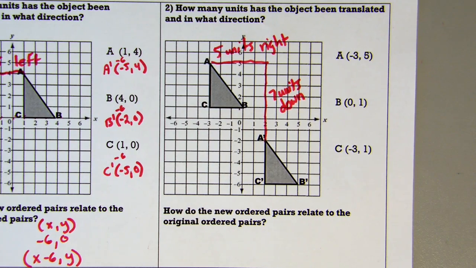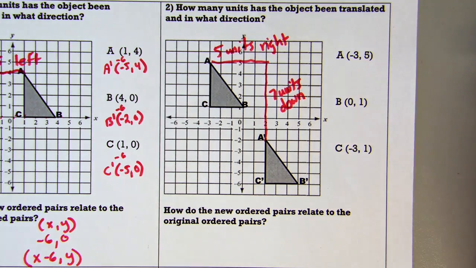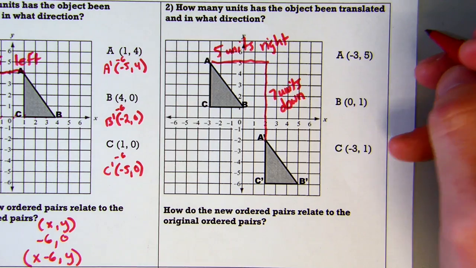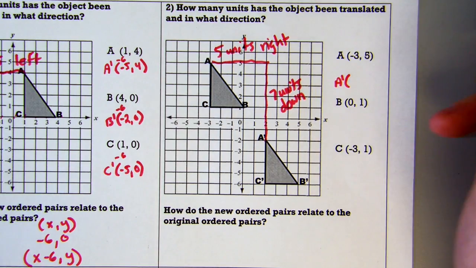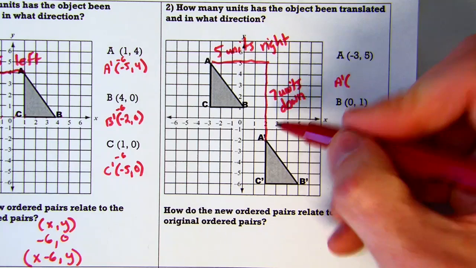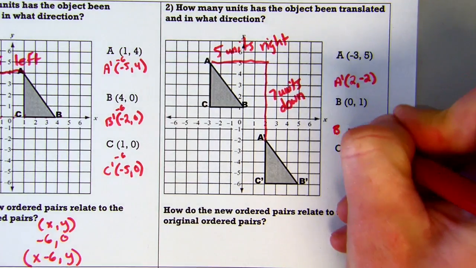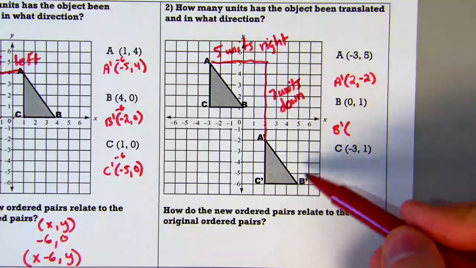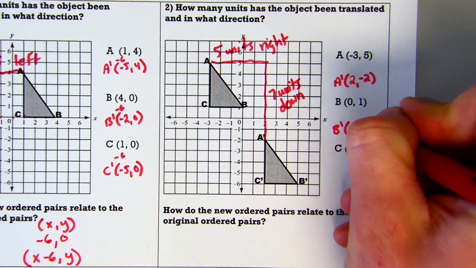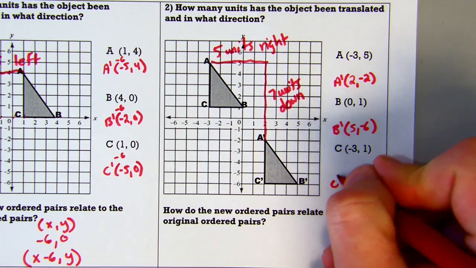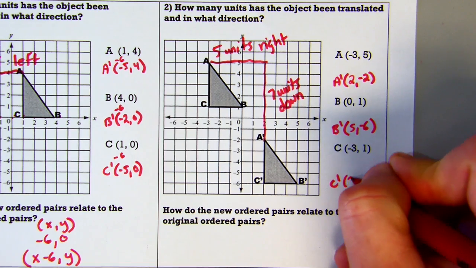The same is going to hold true for our B and our C as well. They're going to go 5 units to the right and 7 units down. If we look at our new coordinate points, A prime goes to 2, negative 2. B prime goes to 5, negative 6. C prime goes to 2, negative 6.